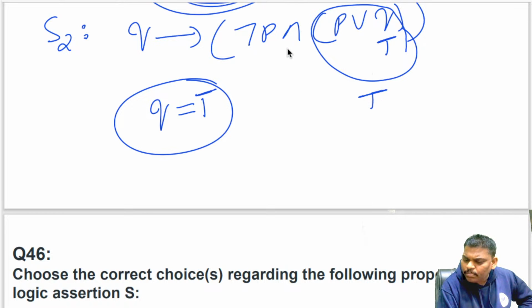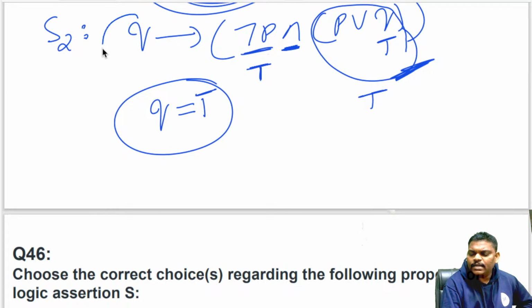But remember, it is an AND operation, and in an AND operation both should be true. This part is already true, but to prove the right as true, the other part should also be true.